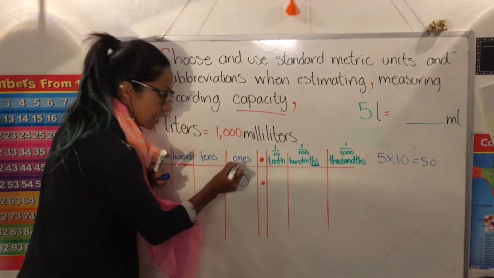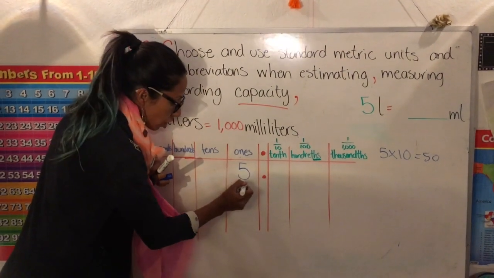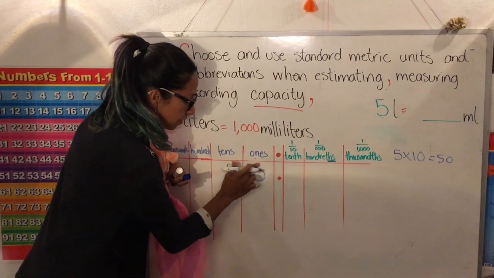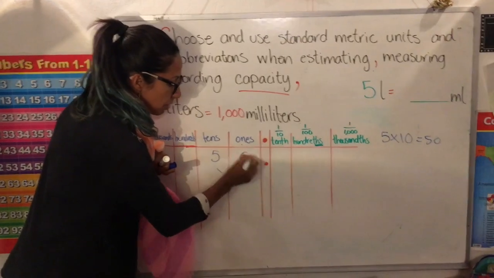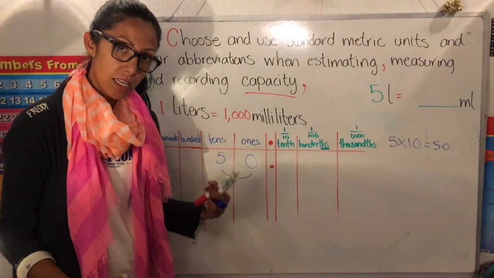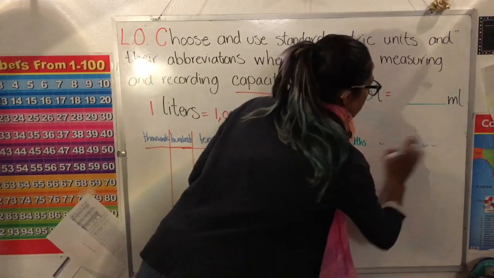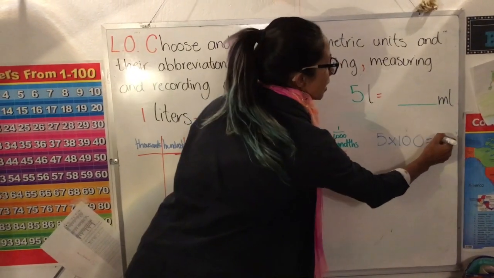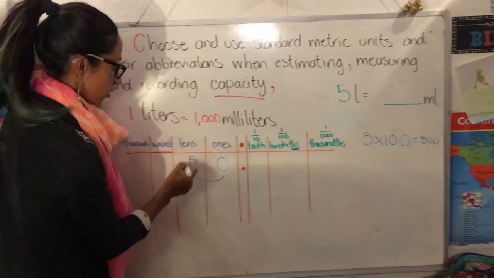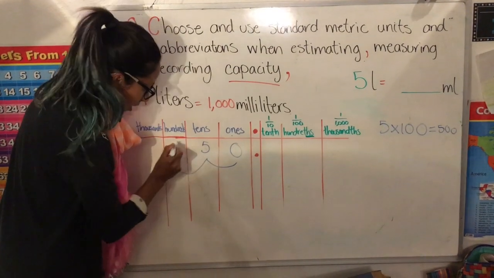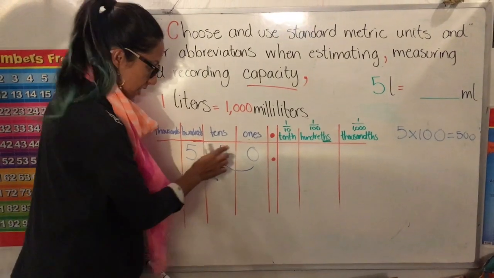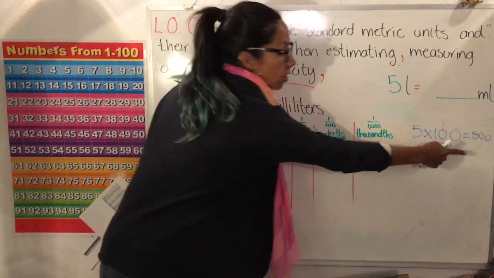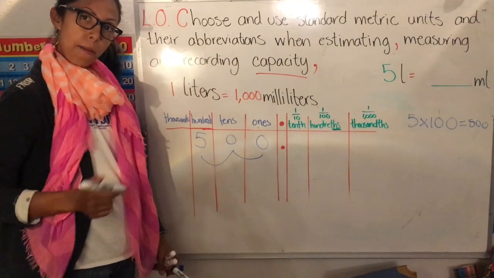Instead of staying in the ones, it jumps to the tens, right? 5 times 10 becomes 50. 5 times 100 is 500. So again, it jumps to the hundreds, right? And it becomes a 0. 5 times 100 is 500.